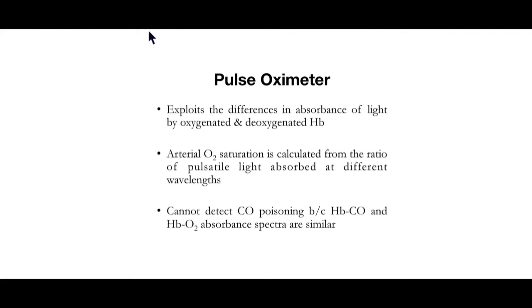So you won't really be able to tell the difference. We are going to talk extensively about carbon monoxide in just a little bit. But the pulse oximeter is really taking advantage of the fact that oxygenated and deoxygenated hemoglobin respond differently and absorb differently at different wavelengths, those red and infrared lights.